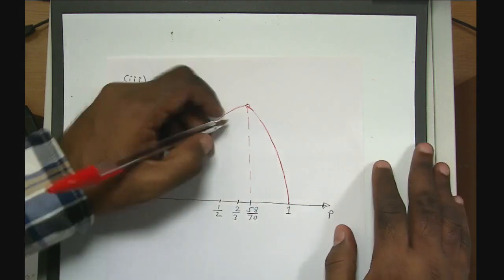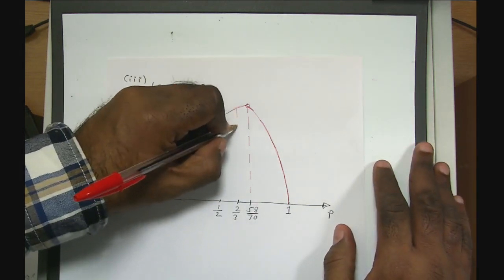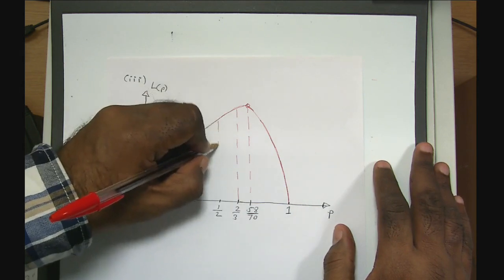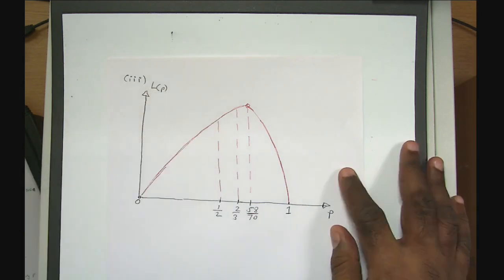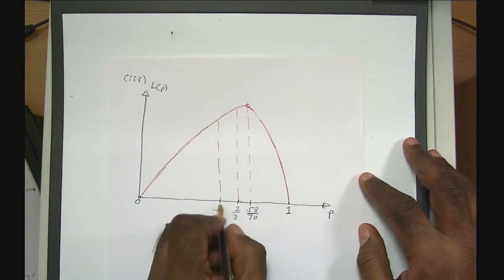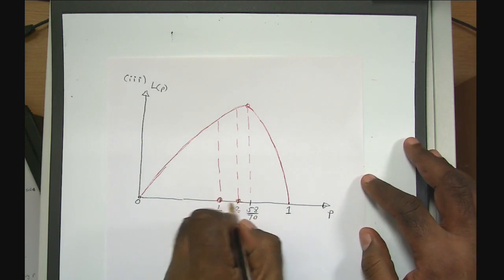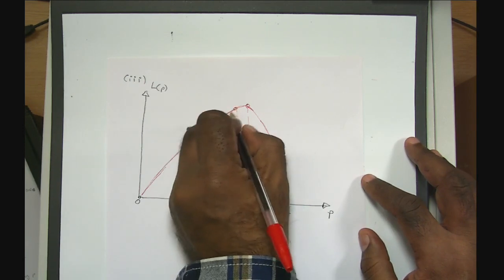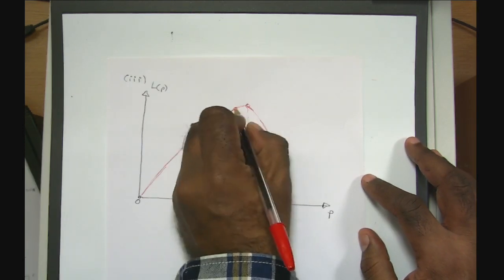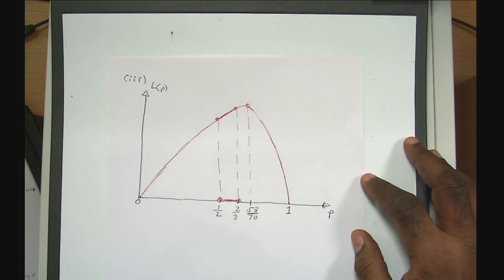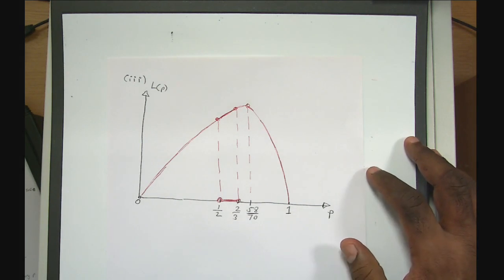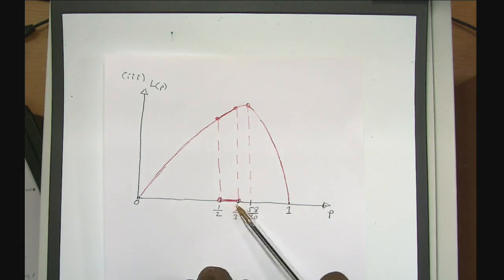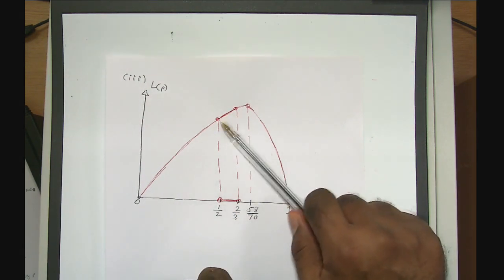Now, what we want to find is the MLE of P if P is between half and 2/3. In other words, between these 2 points. So we want to find the maximum likelihood estimator, in other words, the largest point of the graph, what it corresponds to if P is between half and 2/3. Between these 2 points, what you have here is an increasing function.